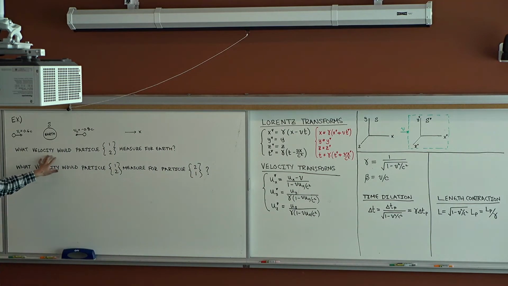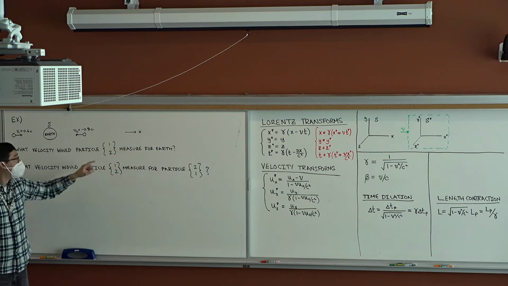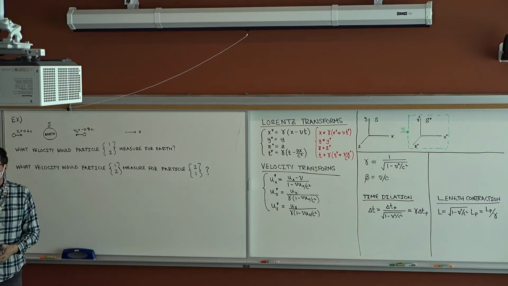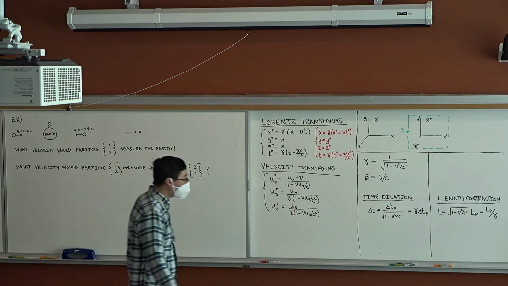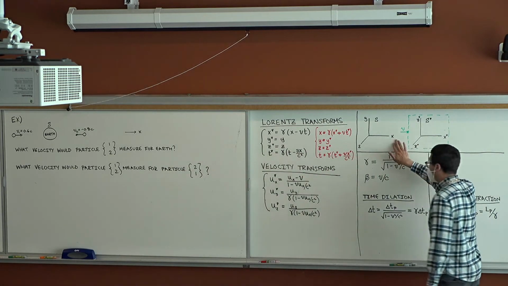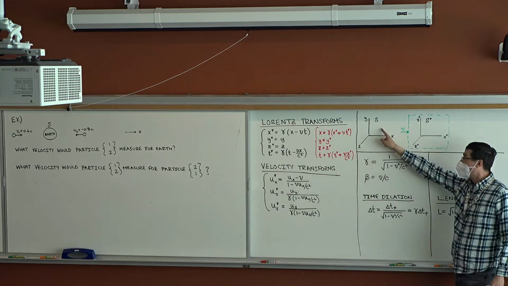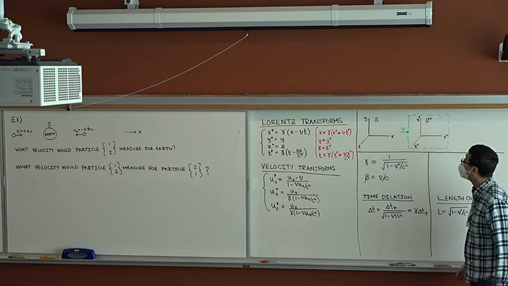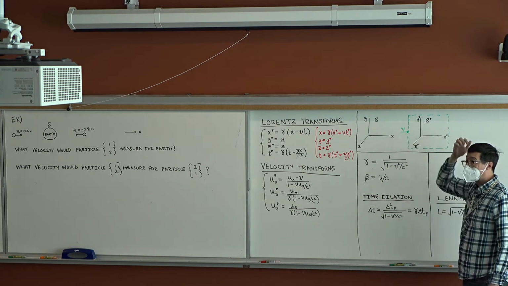The first question I want to ask is, what velocity would particle 1 measure for Earth? What velocity would particle 2 measure for Earth? For this, I come back to the idea that S sees S prime traveling at V in the plus x direction.